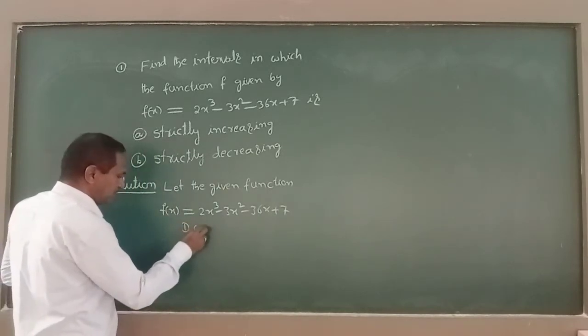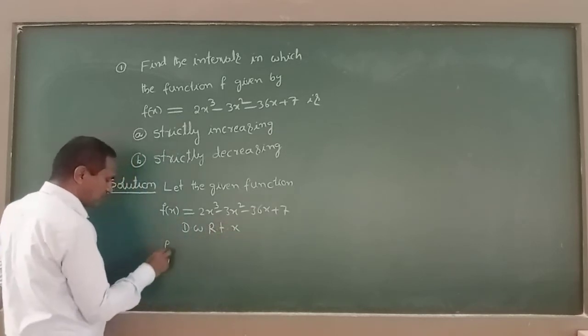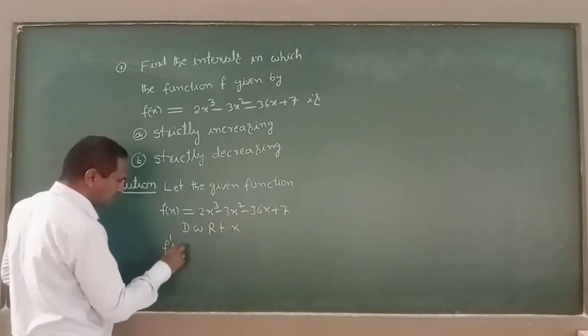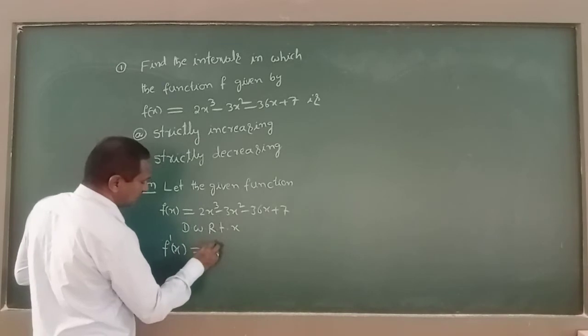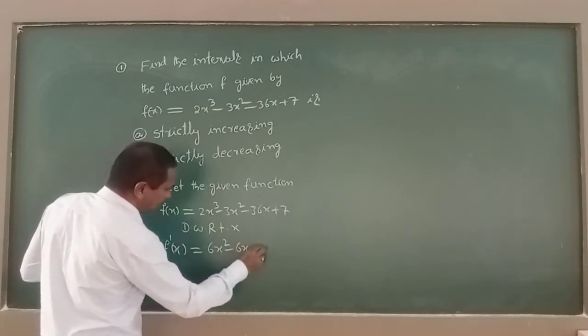Differentiation with respect to x. Then f dash of x is equal to 6x square minus 6x minus 36.